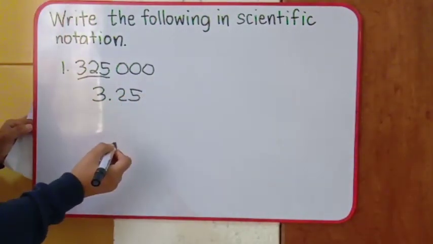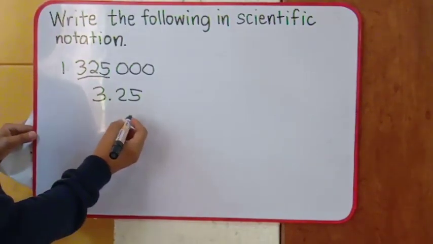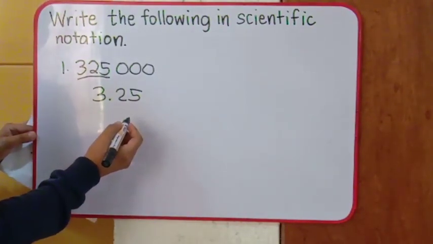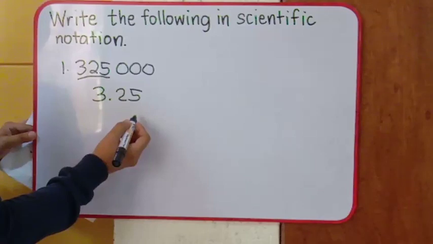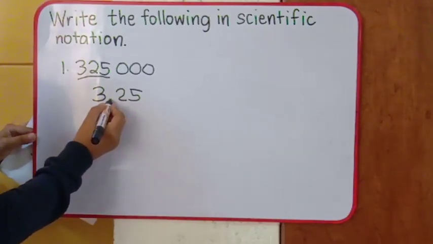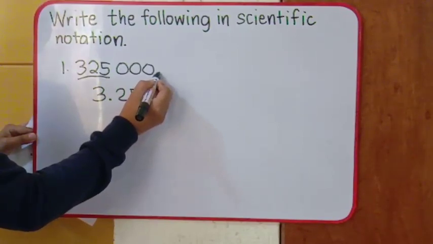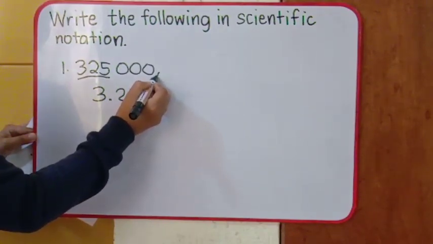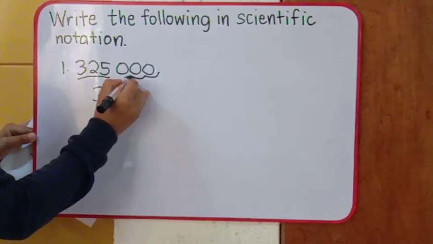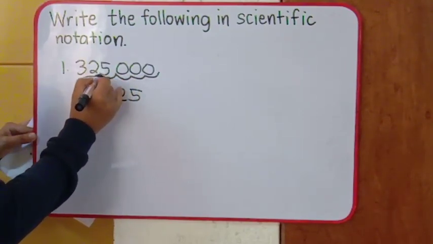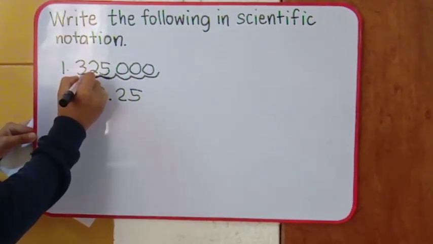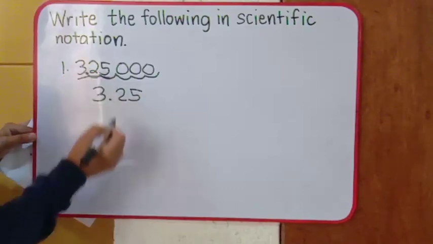3.25. And then we count the number of decimal places that we have moved until we have this decimal point. If this is a whole number, this is the location of the decimal point. So we count 1, 2, 3, 4, 5. So this is the new location of the decimal point.